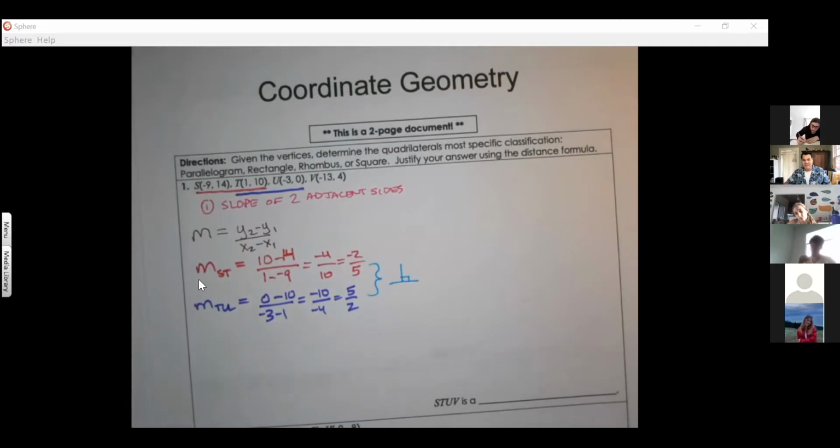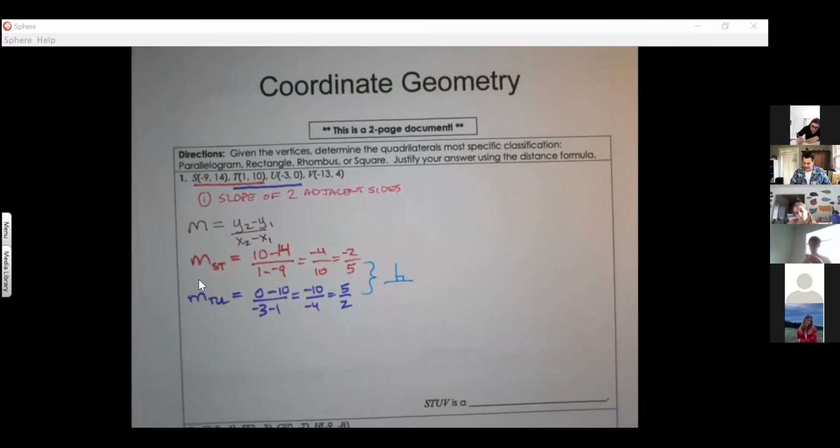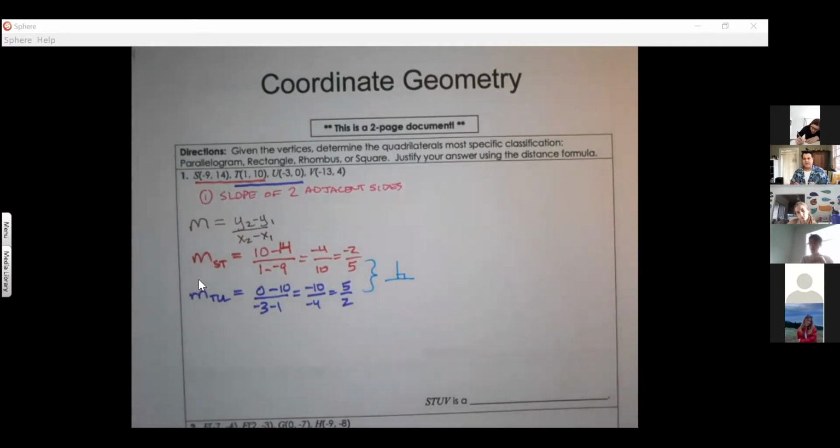Now, for my purposes, I think what's really helpful is to have down here at the bottom the possible choices. It could be a parallelogram, it could be a rectangle, it could be a rhombus, or it could be a square.